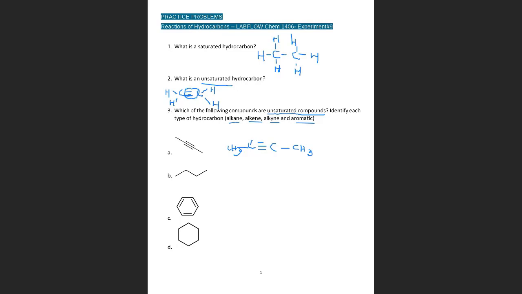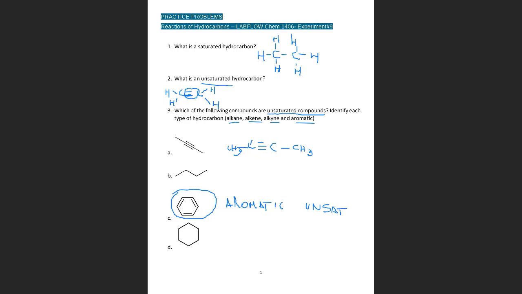Look at C. We said that it's an aromatic ring and it's an unsaturated compound. Why? Because we said that aromatics are rings that have alternating double bonds that are stabilized by resonance. So this is an aromatic, and it's unsaturated.